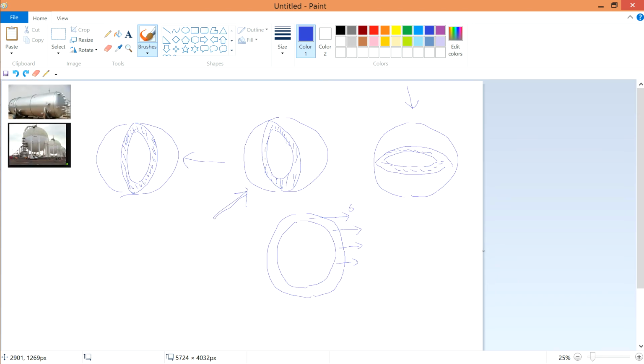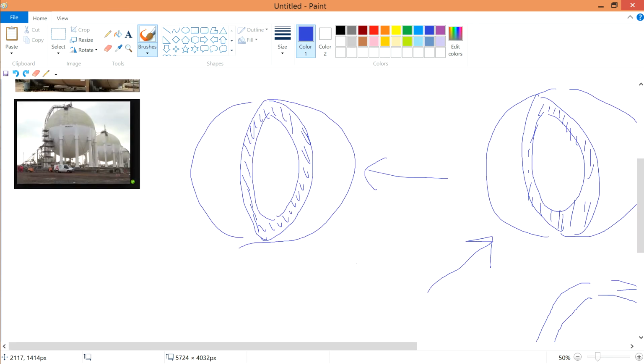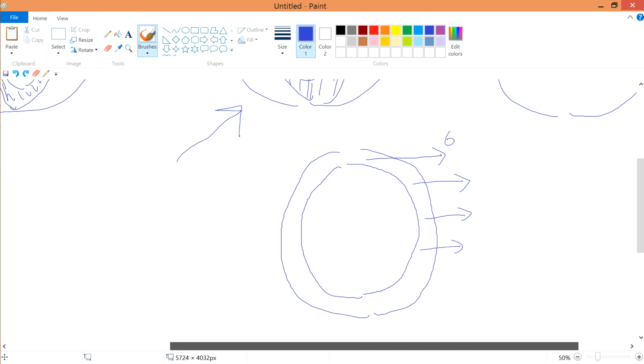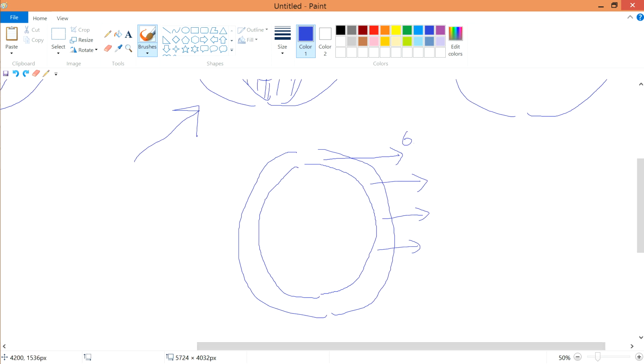You look from here, you look from here, they're all the same, so this can be xx, yy, or zz. Therefore in this case I still write it as sigma zz. And these are all the stresses acting along this particular surface.